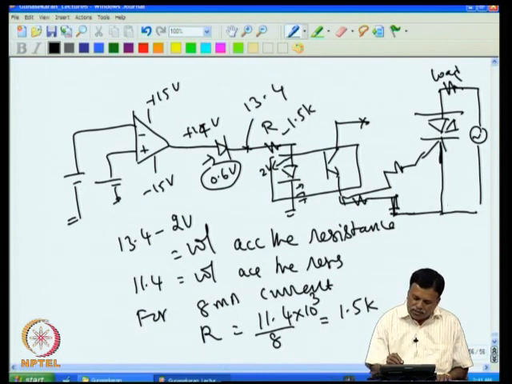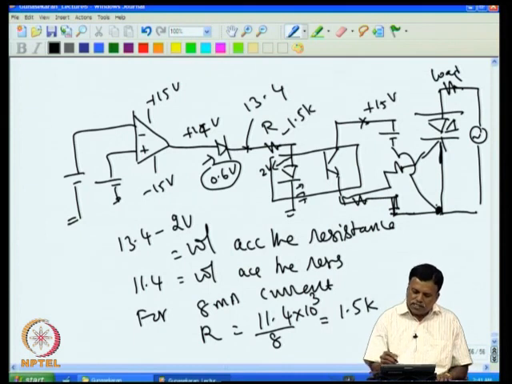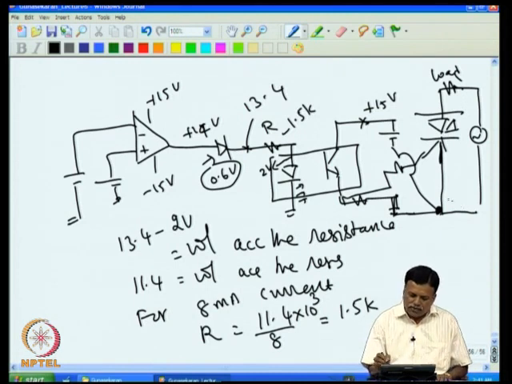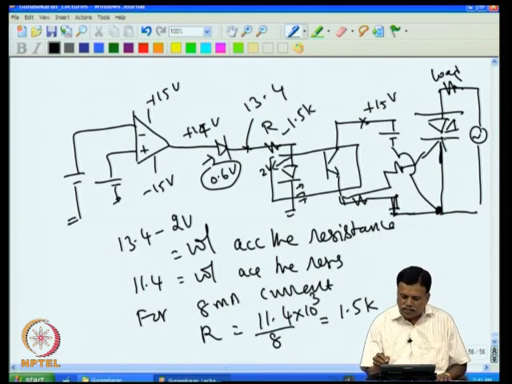Whenever the LED glows, this is supposed to have an isolated supply plus 15, and the 0 of the plus 15 supposed to be here. So this supply is connected between this point and this point. So essentially when the LED glows, this conducts and this voltage goes high, and that fires the gate of the triac. And whenever the LED is off, this will come to 0 and the triac will not fire.